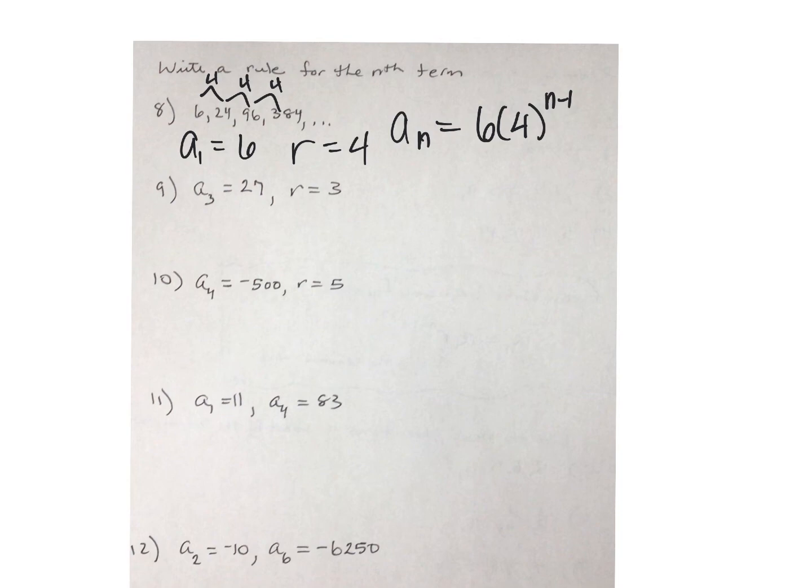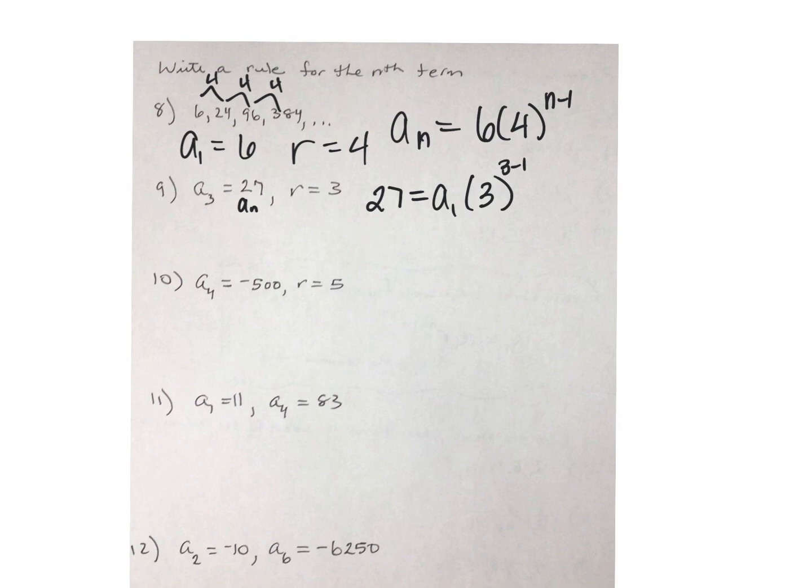Okay, so I want to write the rule, but I don't know a1. Can you solve the equation to find a1? We're going to plug in 27 for an. So 27 equals a1 times 3 to the 3 minus 1. Go ahead and solve for a1 and write your equation.